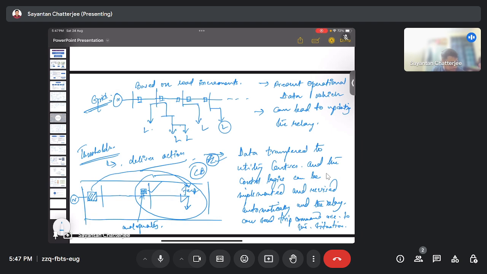After this entire time elapses, only then does this relay act as a backup for that area.